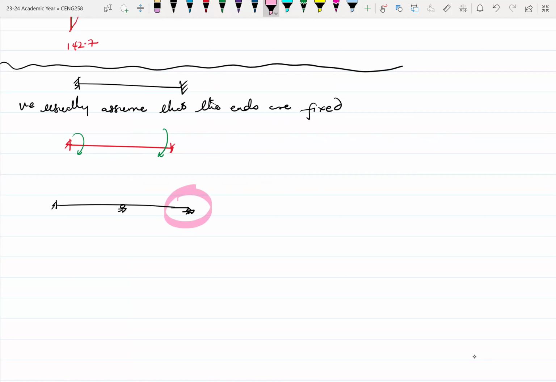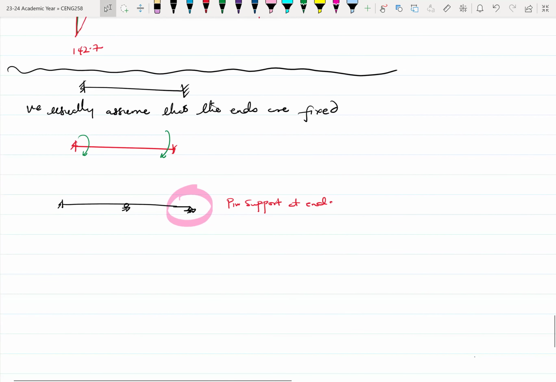So we have this end here, which has a pin support or a hinge support, right? So we can take advantage of that, whereby one end has a pin support, and use that information to derive a modified version of the slope deflection equation. And what this modified version does is that it simplifies the process.